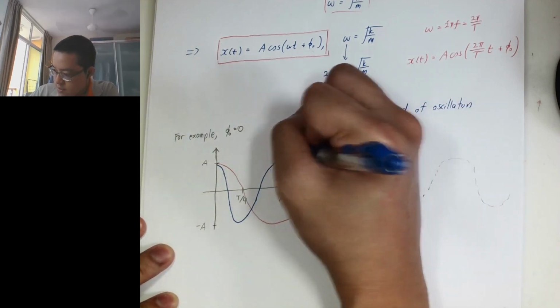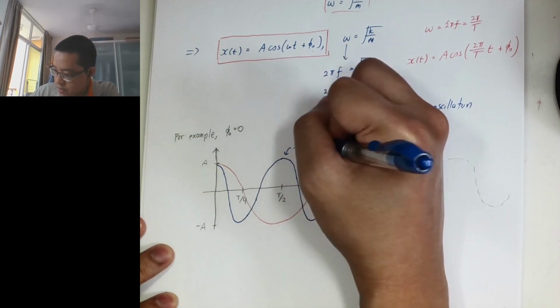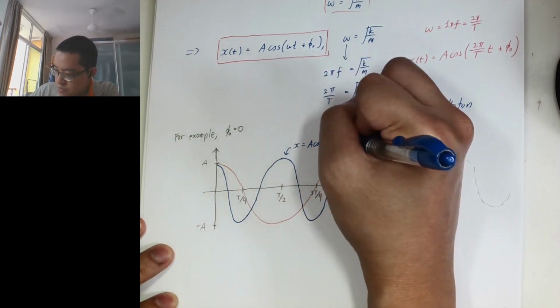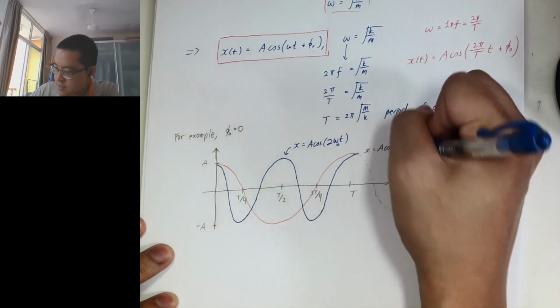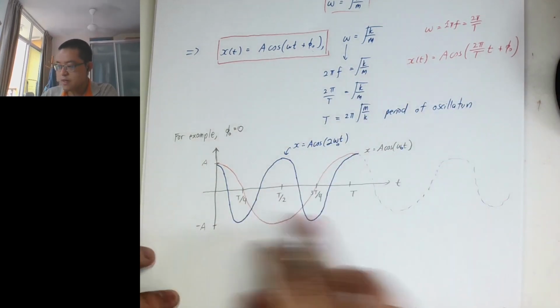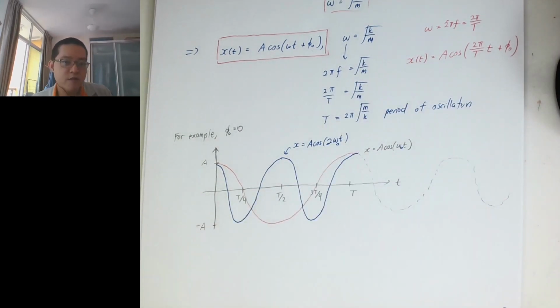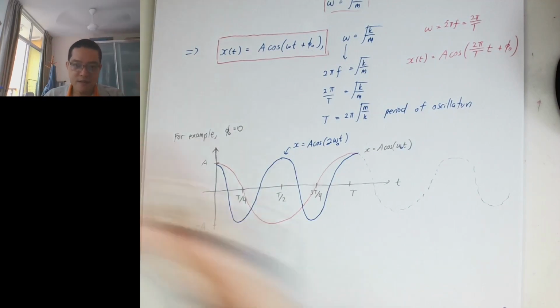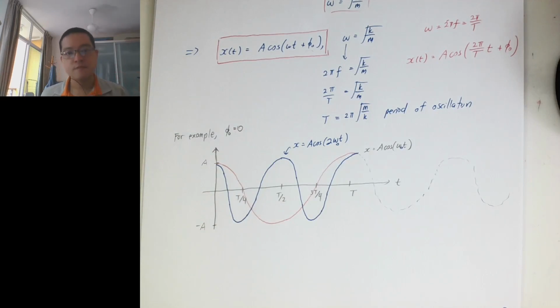So this is x equals A cos(2 omega t). If this is some omega naught, then it's the double frequency. And 3 omega t is faster, and so on and so forth. So that's how you get the spring oscillations.